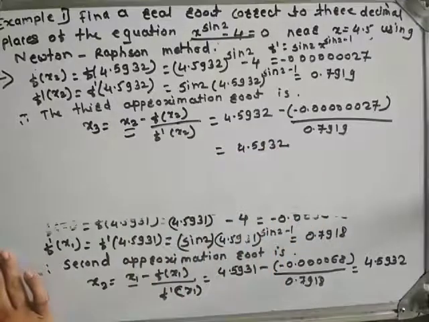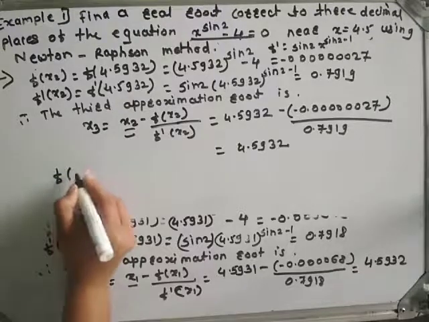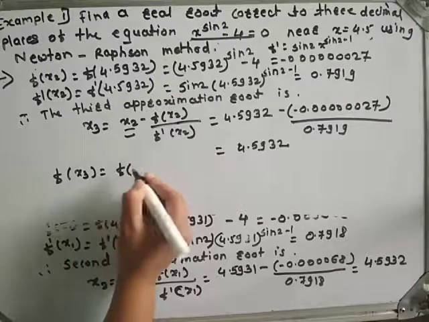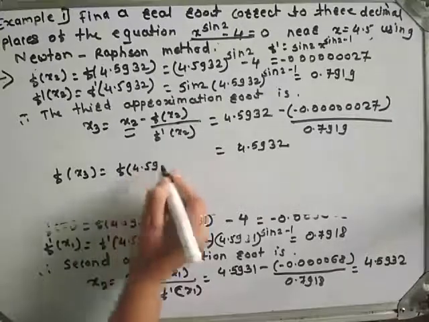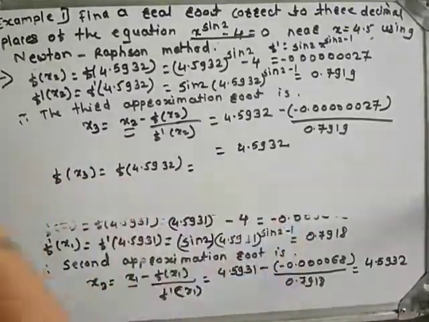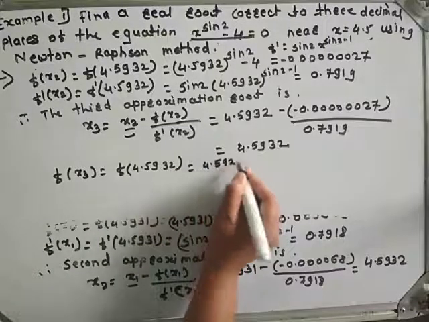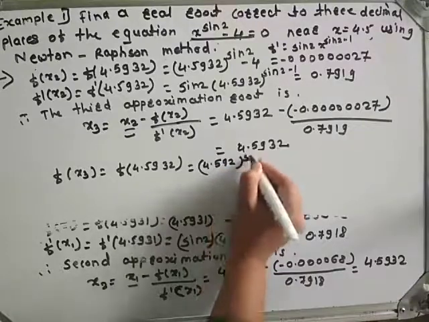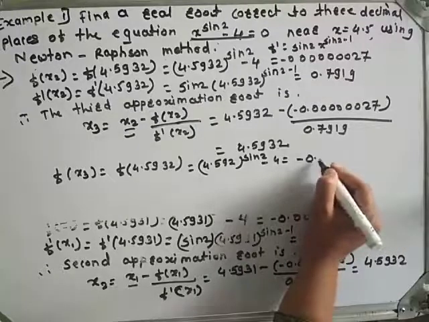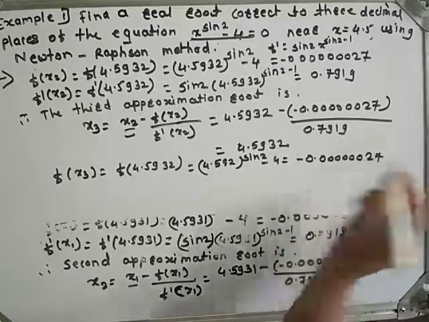4.5932. Now calculate f of x3, which is equals to f of 4.5932, which is equals to 4.5932 raised to sine 2 minus 4, which is equals to minus 0.0000027.